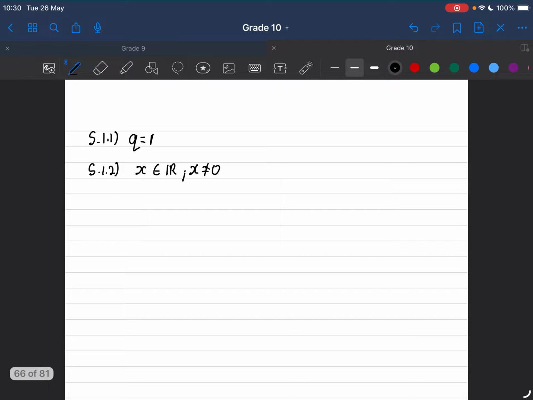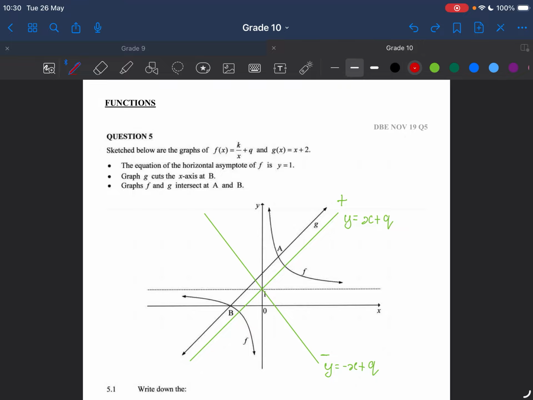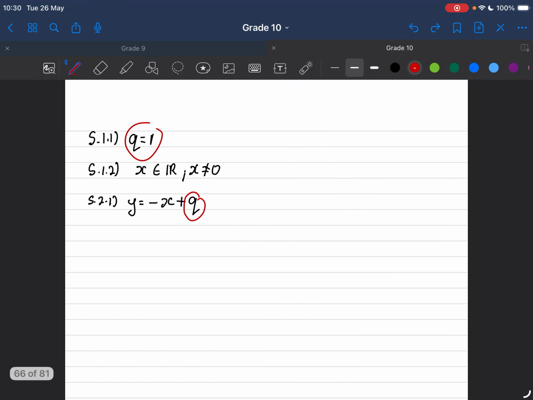So let's go and write that down. 5.2.1, y is equal to negative x plus q. But now this q value, we don't use q. We know what the q value is. It comes from the equation, and we also happen to find it in 5.1.1. So it's not going to be plus q, it's going to be plus 1.